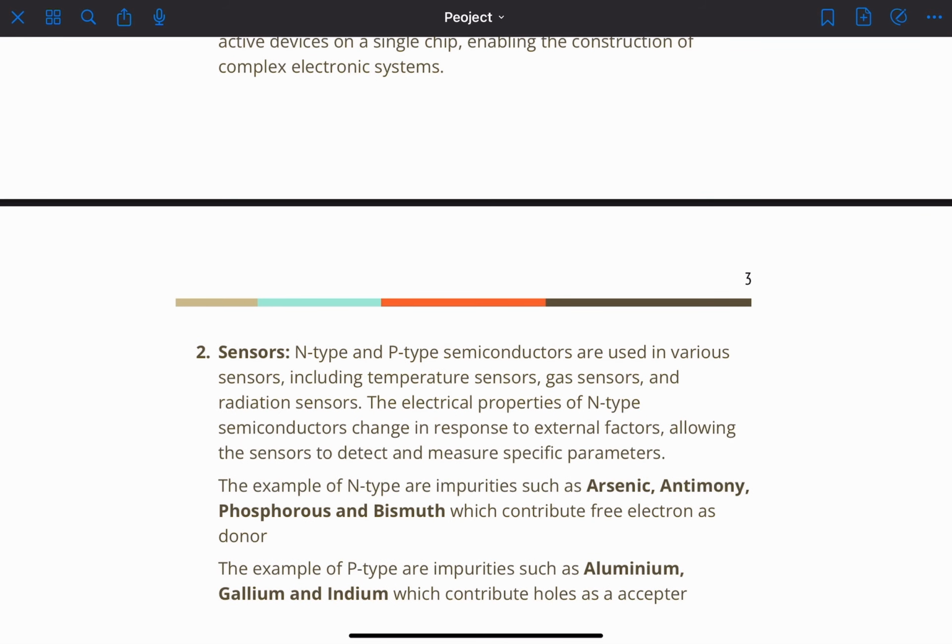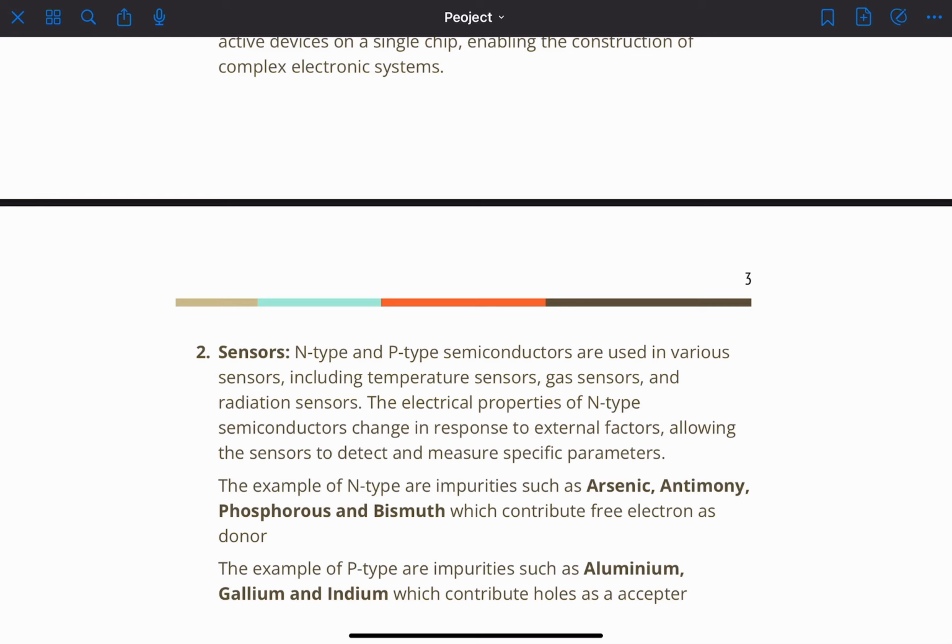The second aspect is sensors. N-type and P-type semiconductors are used in various implementations of sensors, including temperature sensors, gas sensors, and radiation sensors, and so on.